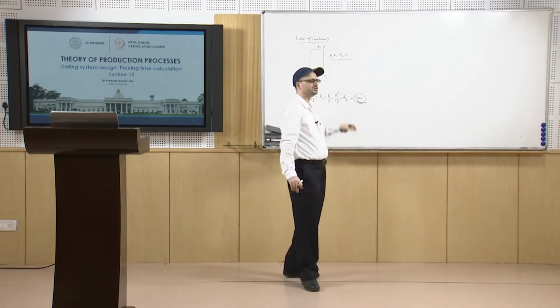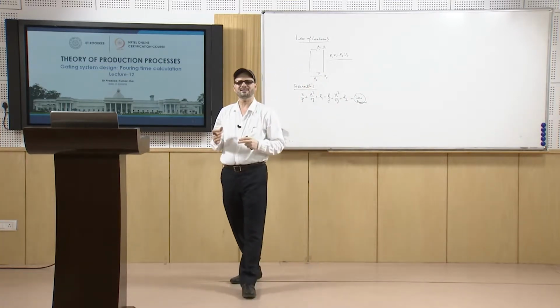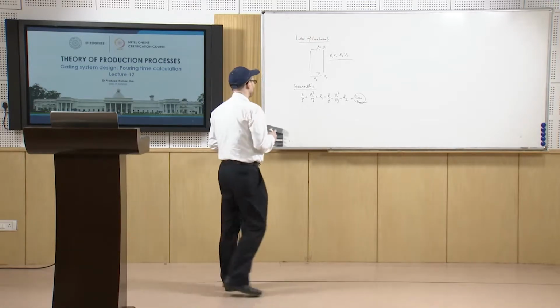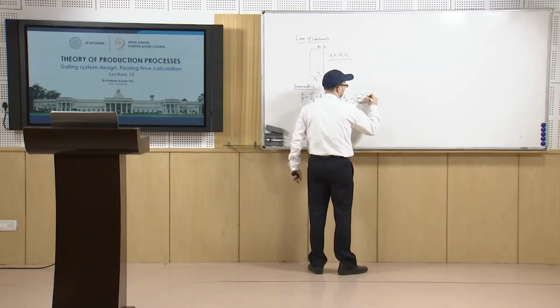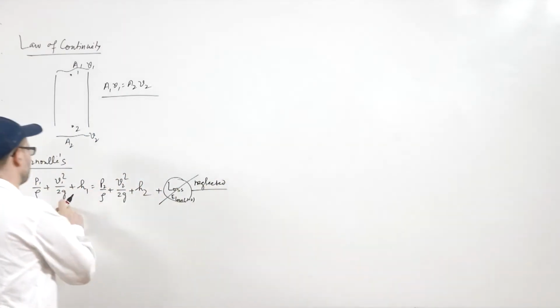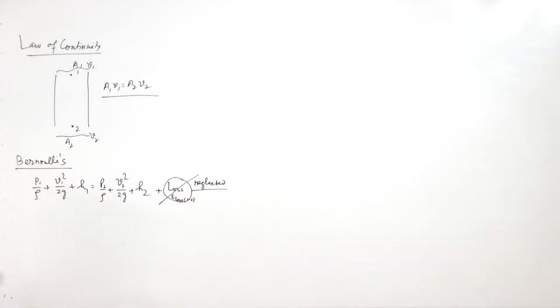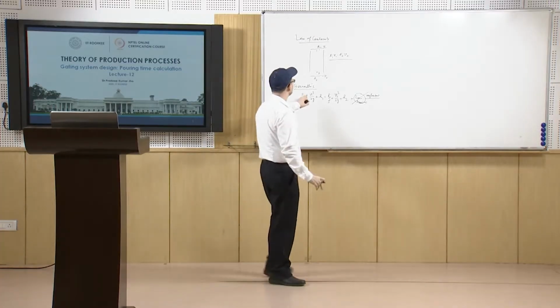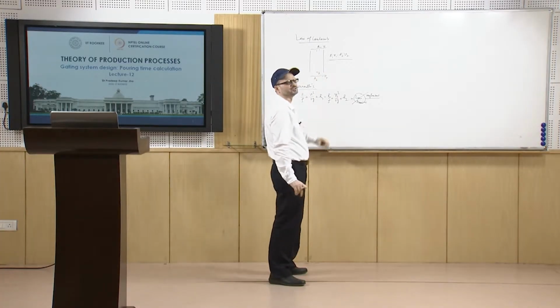So, this loss comes into picture, but if we neglect them, you will have this simplified expression that tells how to find the velocity at different positions.